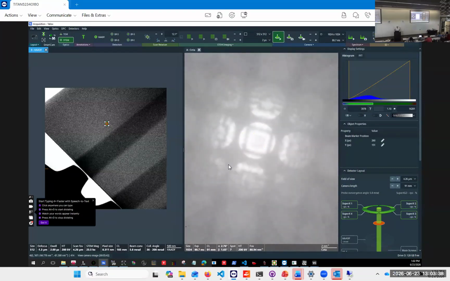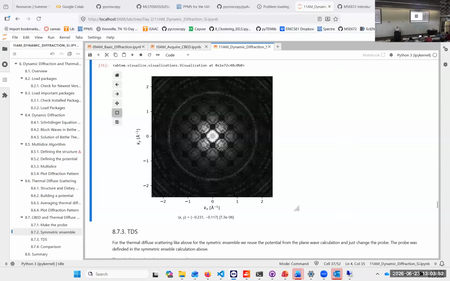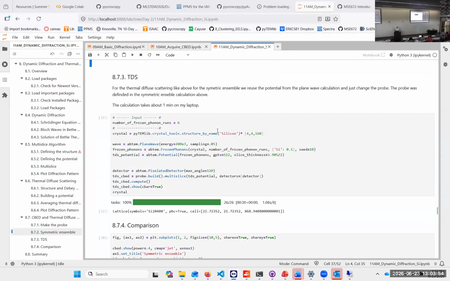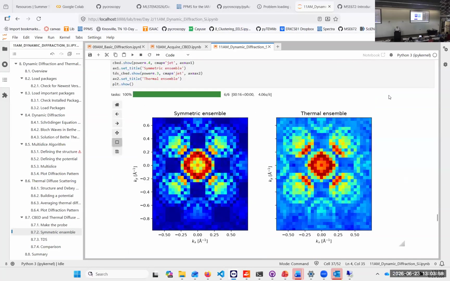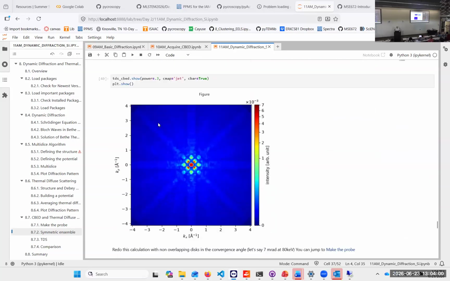You can just read that off from the intensity, from the number of oscillations in the zero disk, in this case. So it can be directly simulated. And of course, you need the thermal diffuse scattering to get to that point. So that is still strontium titanate, I think.